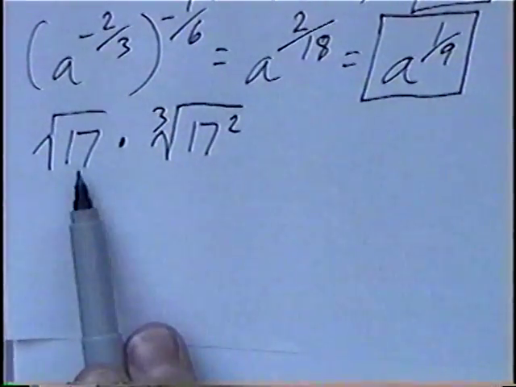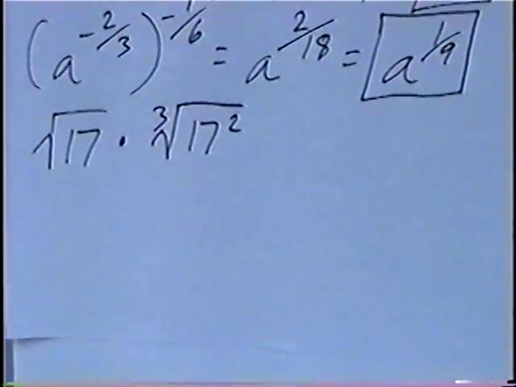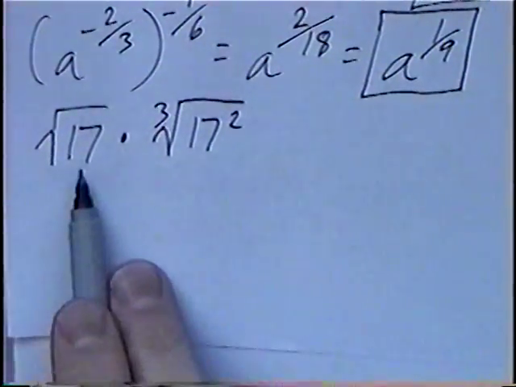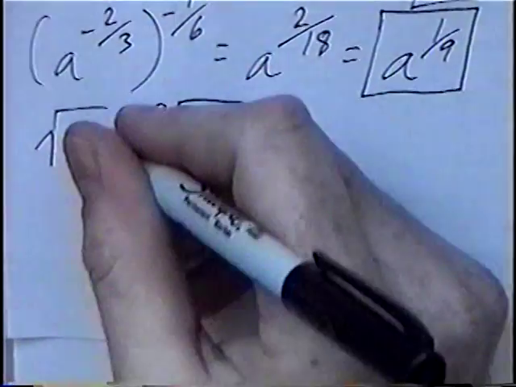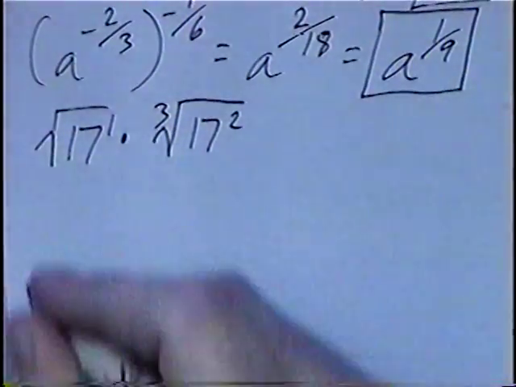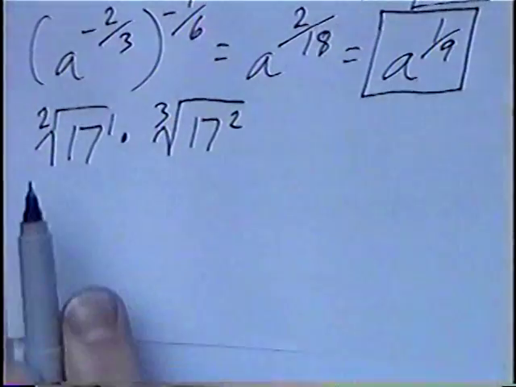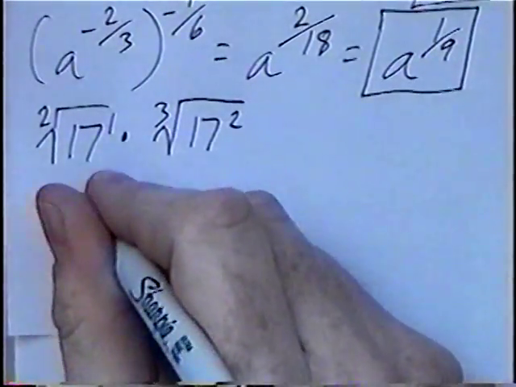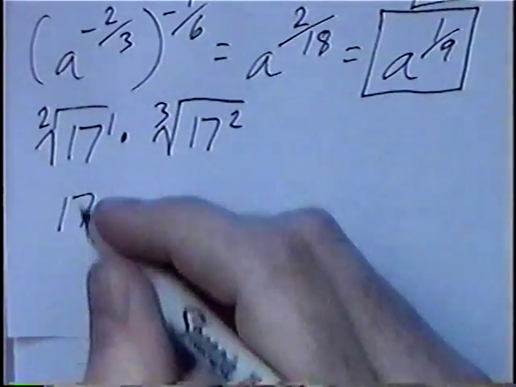But what we can do is change each of these into exponential form, and with the same base we can combine. For example, the square root of 17 is 17 to the first power, and the square root, or if there's no number written, we can add a 2. Changing this to exponential form would be 17 to the 1/2 power.